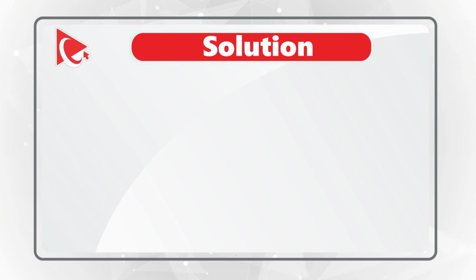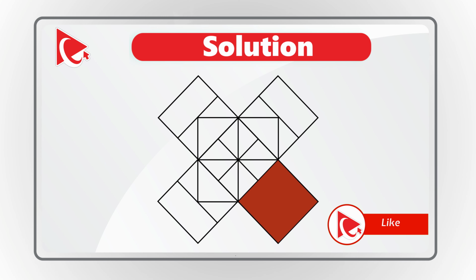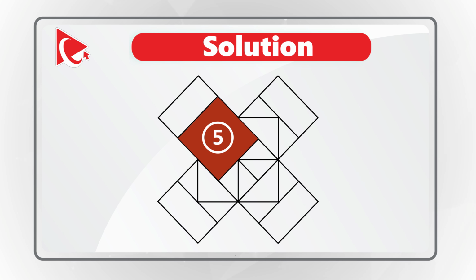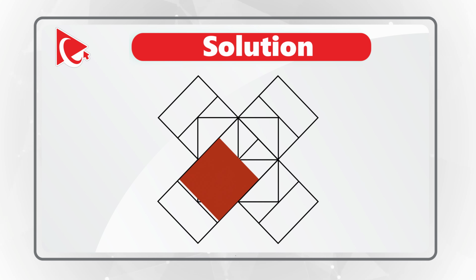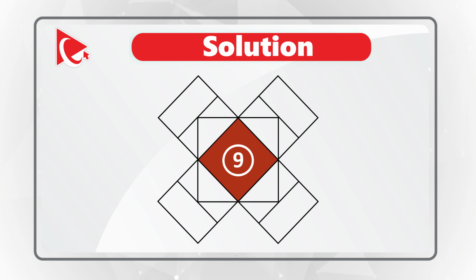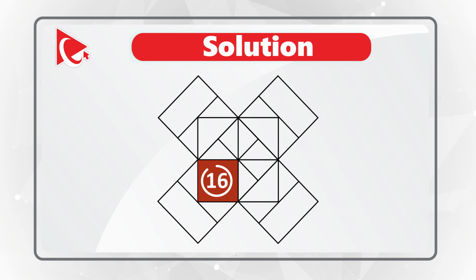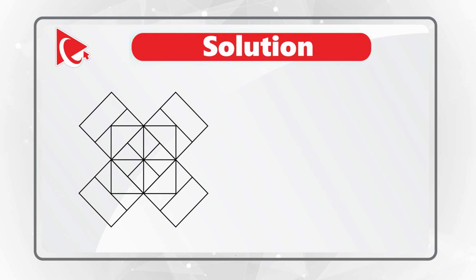Let me show them all to you. 1, 2, 3, 4, 5, 6, 7, 8, 9, 10, 11, 12, 13, 14, 15, 16, 17, and 18. Do you see any additional ones?